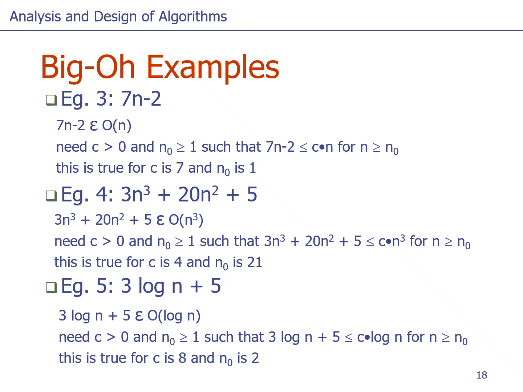And if you think of it intuitively, of course, when you have 3n cubed, 4n cubed is going to be above it, ultimately. Even though you have an additional term added to the 3n cubed, which is the 20n squared plus 5, ultimately the 4n cubed will be above it. But what we're doing here is proving it formally through math instead of just by intuition.